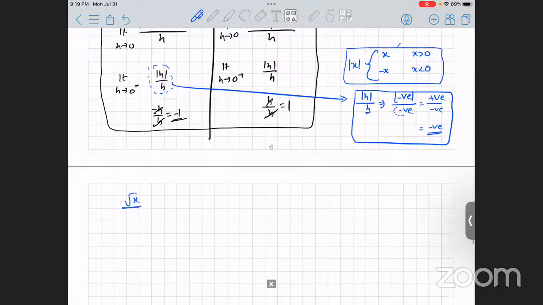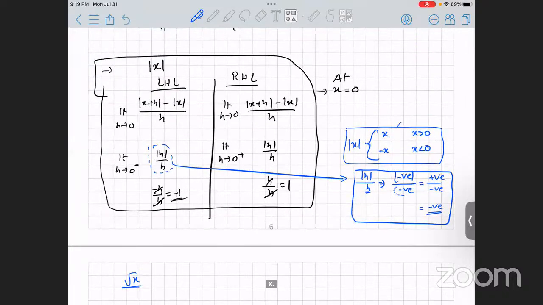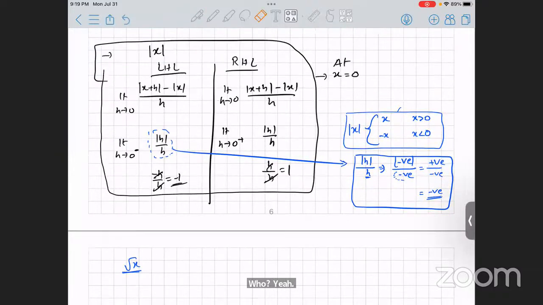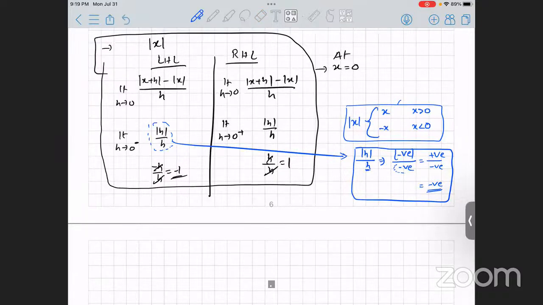Sir, sorry, sir, root x at point 0. Sir, mod x is to find whether the function is differentiable or not, or continuous, sir. Hello. Look.